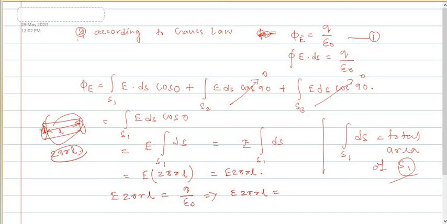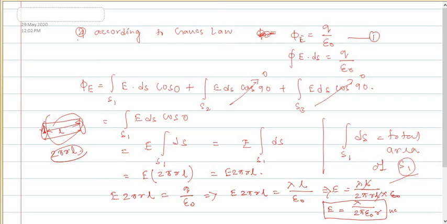This implies E 2 pi RL. What is the value of Q? The total charge we already found out, how much? Lambda L by epsilon naught. So this implies E is equal to lambda L by 2 pi RL into epsilon naught. So L, L cancelled. So E is equal to how much? Lambda by 2 pi epsilon naught into R. Now this is the electric field intensity of an infinitely long thin wire.